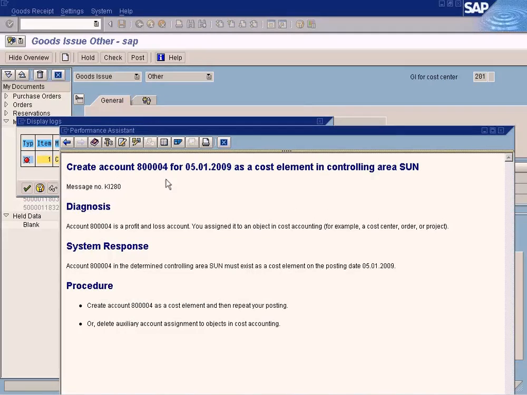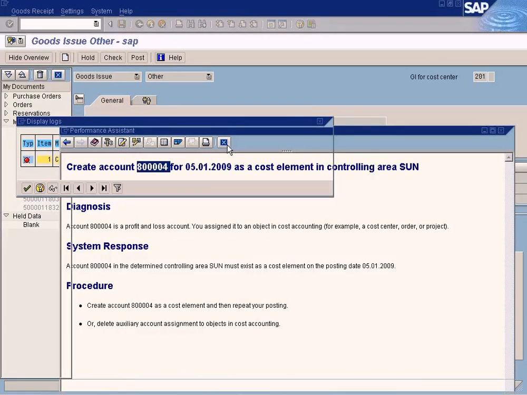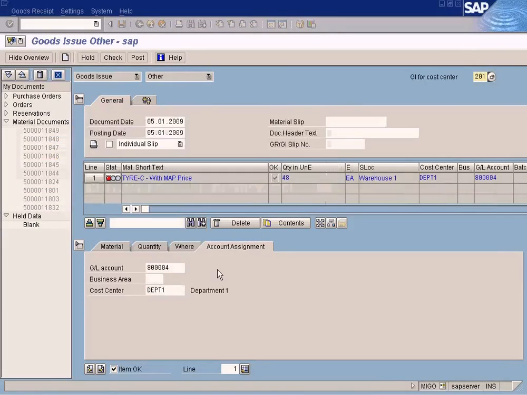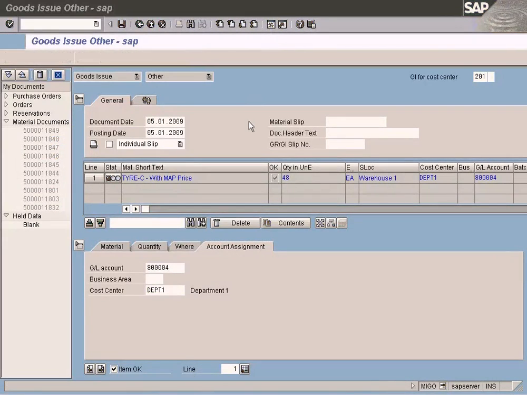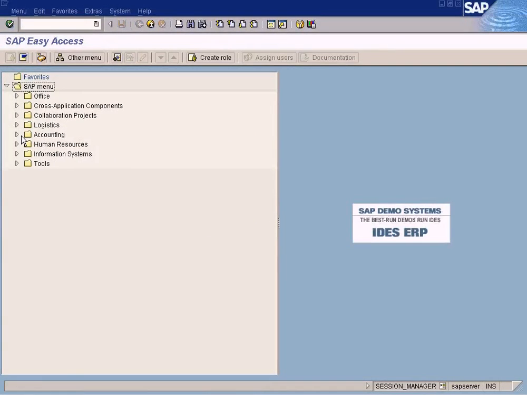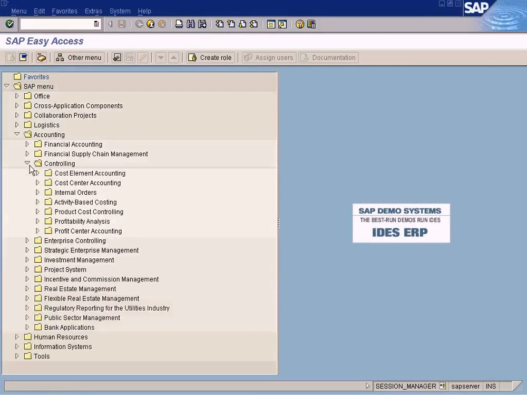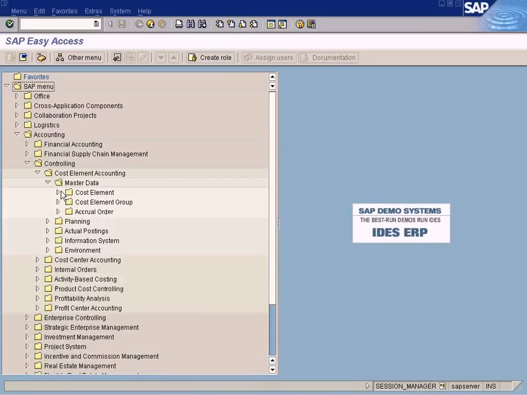Create account as a cost element in controlling area. Okay, this account has to be created as a cost element. That makes sense. The new account doesn't have a cost element associated, because when we post it to cost center, we need a cost element of course.